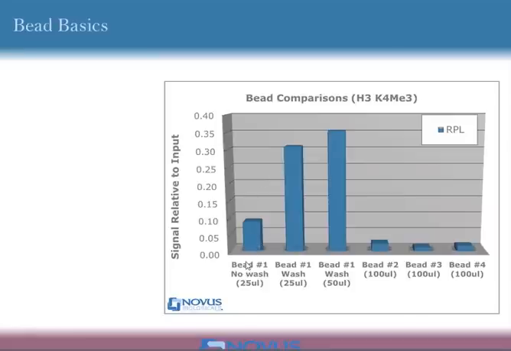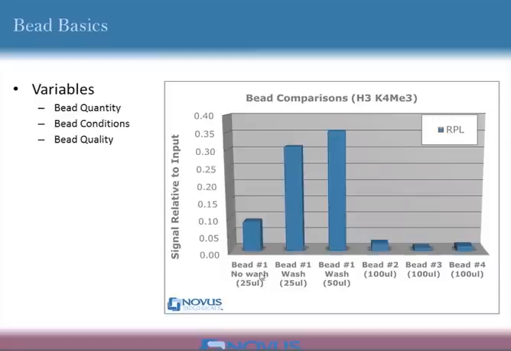And we're looking at it over 4 different bead types. We're looking at it over different conditions, either washing or not washing the beads before using them, and just looking at the quality of the beads overall. So quantity, conditions, and quality.